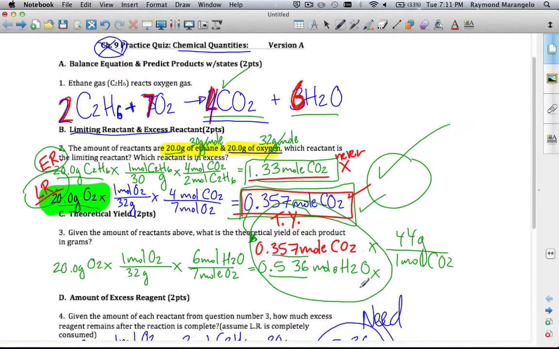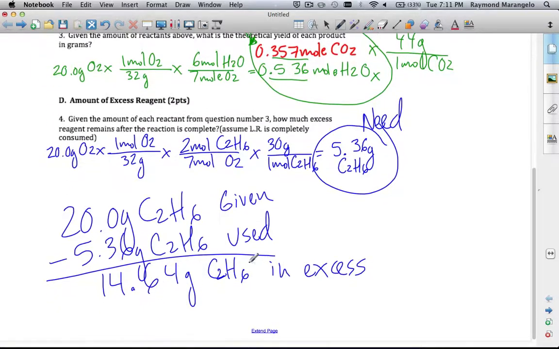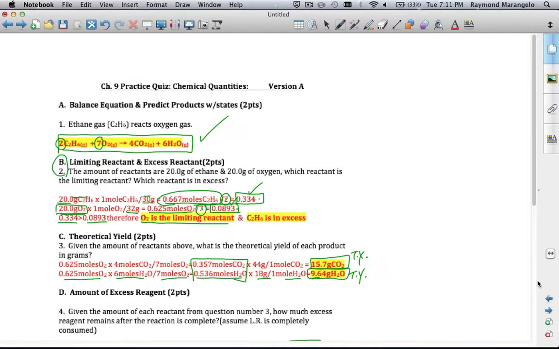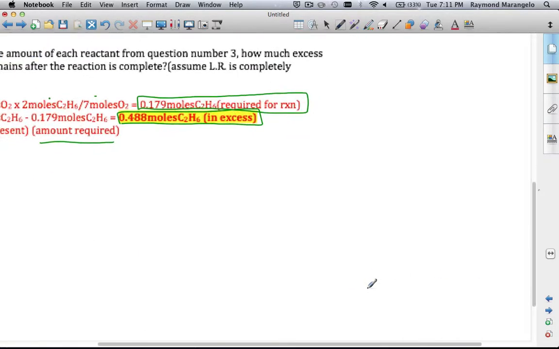But you're saying, wait a minute. Over here you told me I had 14.64 grams in excess of C2H6. And then on this page, you're telling me that I've got 0.488 moles.